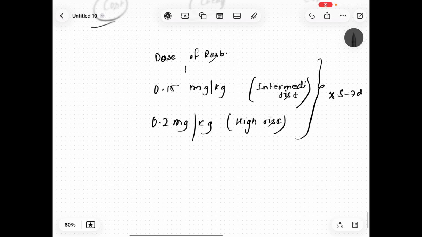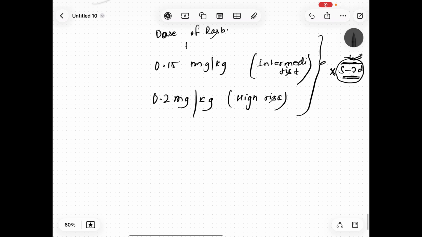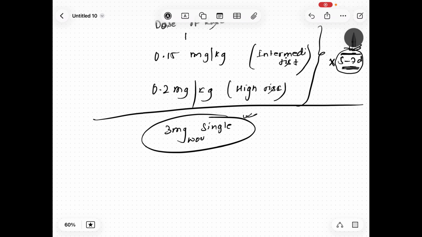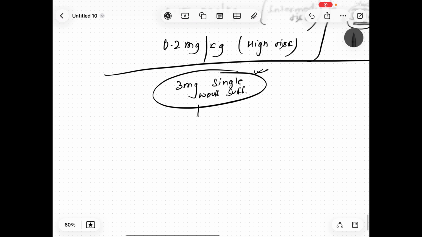When to start? Usually along with chemotherapy. However, such prolonged dosing is not ideally required. Practically, usually what we give is a 3 mg single dose, which would suffice. But if you are giving a single dose regimen, strict monitoring is required.